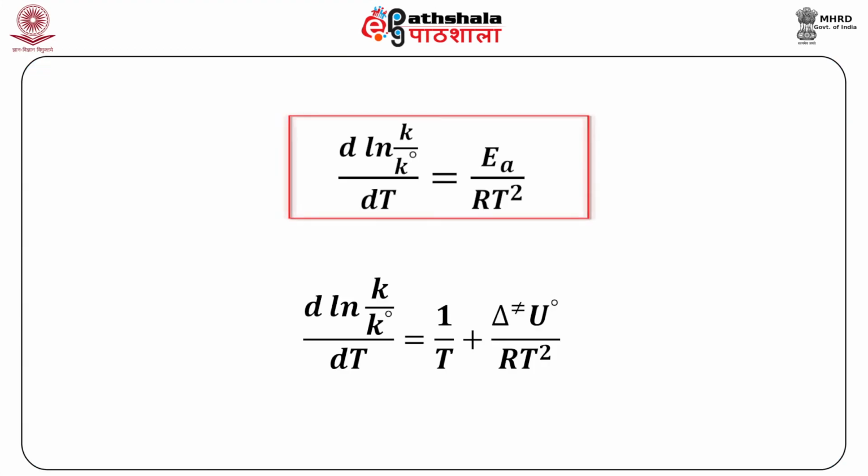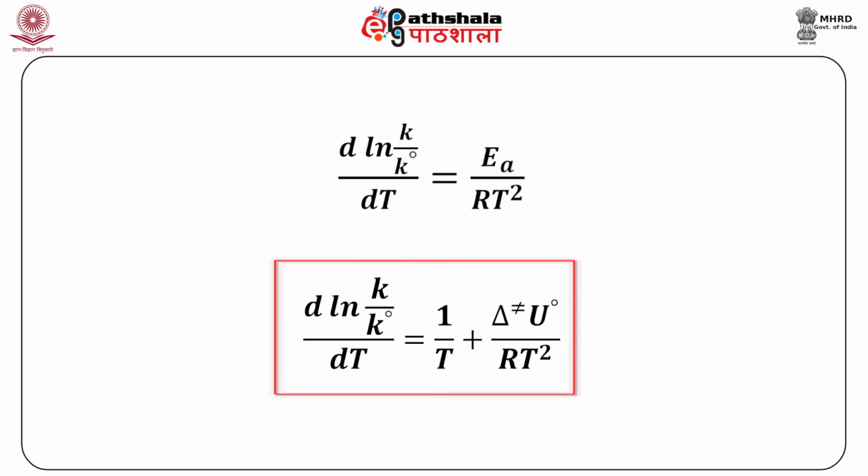Taking logarithm of these equations and differentiating them with respect to temperature, from the Arrhenius equation we get d ln k by dT equals Ea upon RT square, and from transition state theory we get d ln k by dT equals 1 upon T plus delta U naught upon RT square.